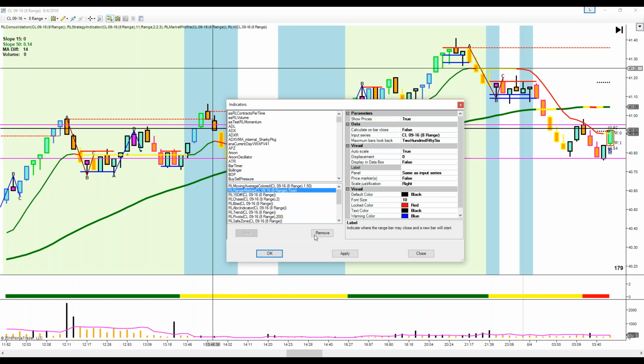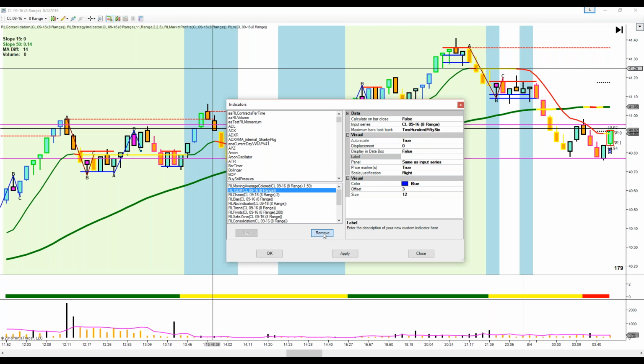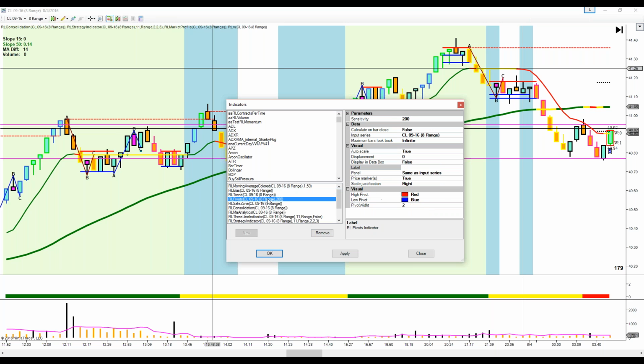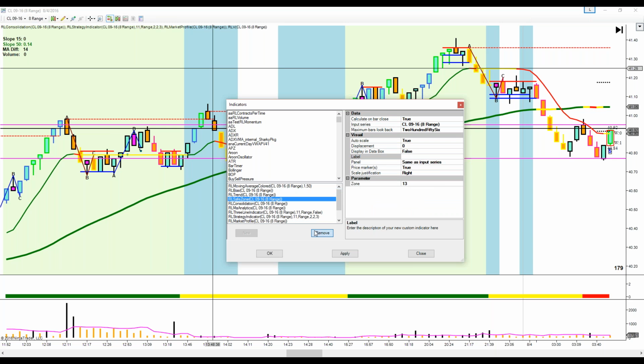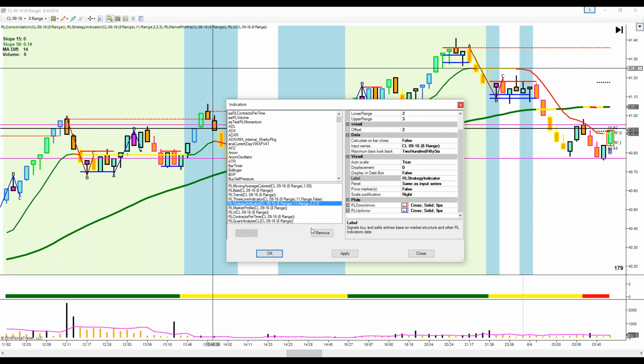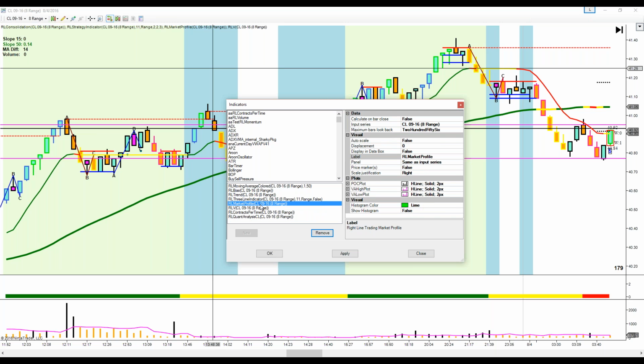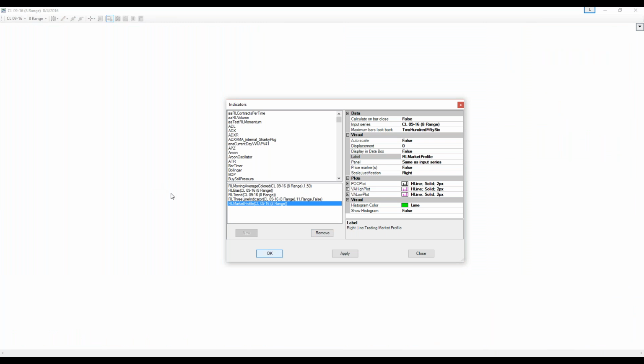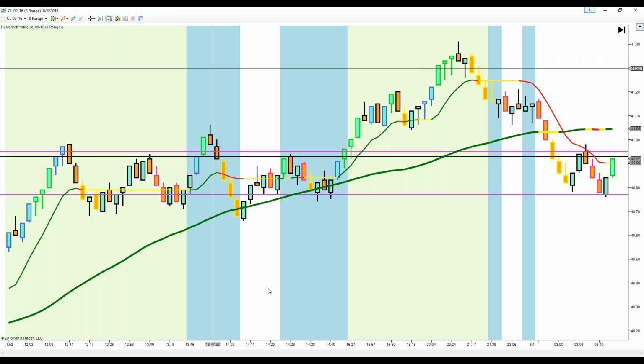I'm going to leave the moving average colored in there. And I'm going to leave our 15. Now you have a chart with all four of these indicators combined.